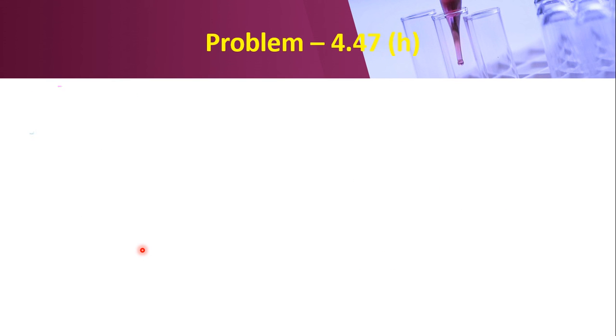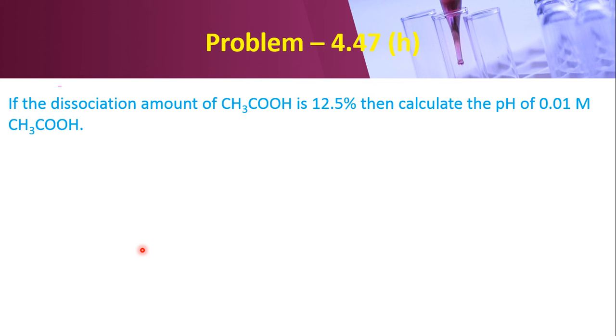Now problem 4.47 is, if the dissociation amount of acetic acid is 12.5%, then calculate the pH of 0.01 molar acetic acid. Look, here you have to calculate the pH of acetic acid solution. Already we have calculated the pH of sulfuric acid and sodium hydroxide, but they are a strong acid and a strong base, so they are dissociated 100% in solution, and we can easily find out the concentration of hydrogen ion and hydroxyl ion from there.